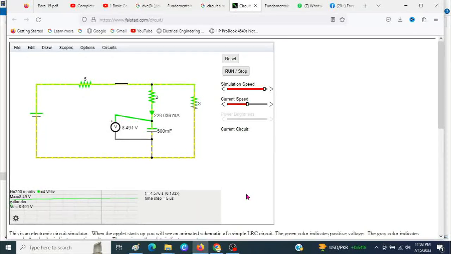See, the current is gradually reducing. We are nearing 9.1 now. We need 9.375 as per our calculation for the capacitor to fully charge.